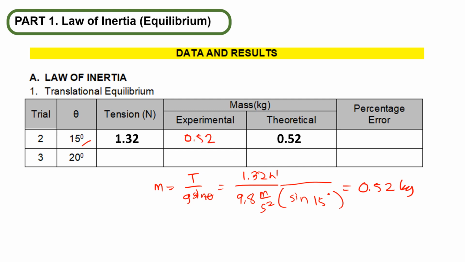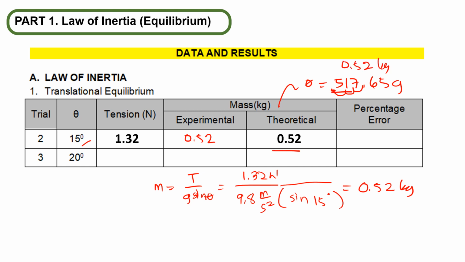Assuming that the theoretical value, after measuring the cart using the top loading balance, is, let's say, 517.65 grams. We just have to convert this into kilograms, so divide this by 1000 and round off to 2 decimal places. So this will be 0.52 kilograms.